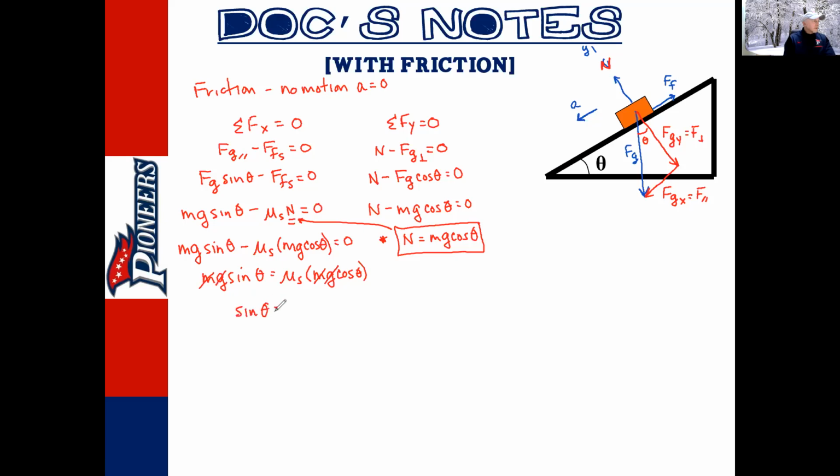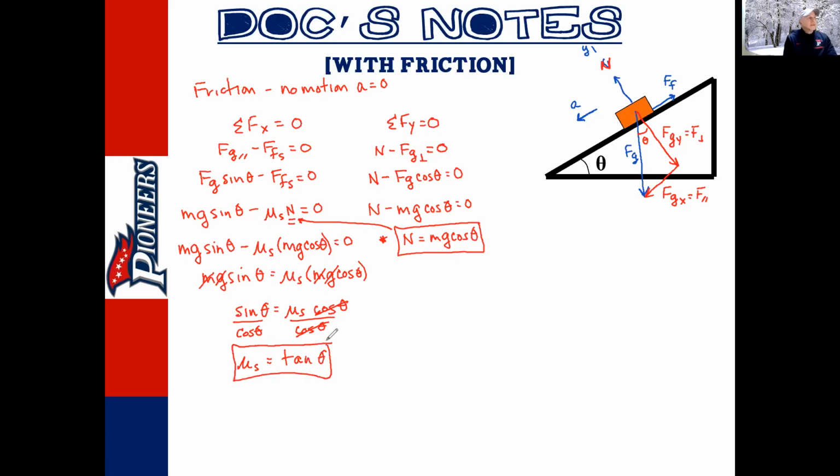Sine of theta equals coefficient of static friction times cosine of theta. Well, what if I divide both sides by cosine of theta? What is sine of theta over cosine of theta? Hopefully you know that one. It is tangent of theta.